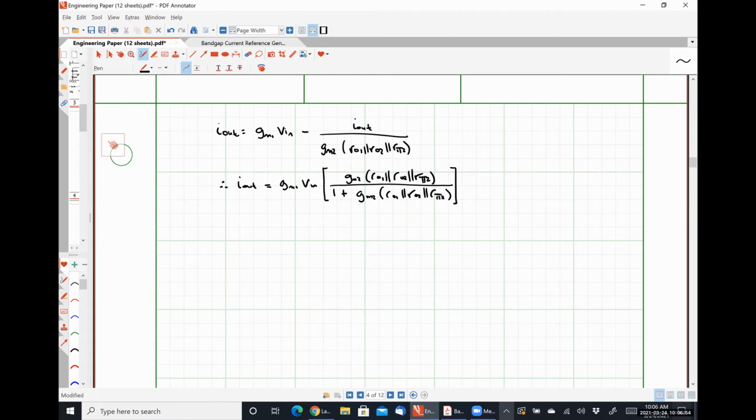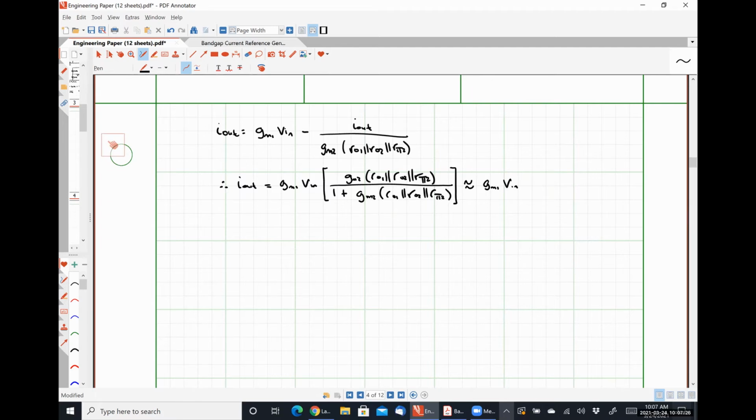Additionally, because they're fabricated identically, r o1 is the exact same as r o2, because they're going to have the exact same Early voltage. What that means is that this whole big expression really just reduces down to gm1 times Vin, because we have some reasonably large number divided by 1 plus that same number.